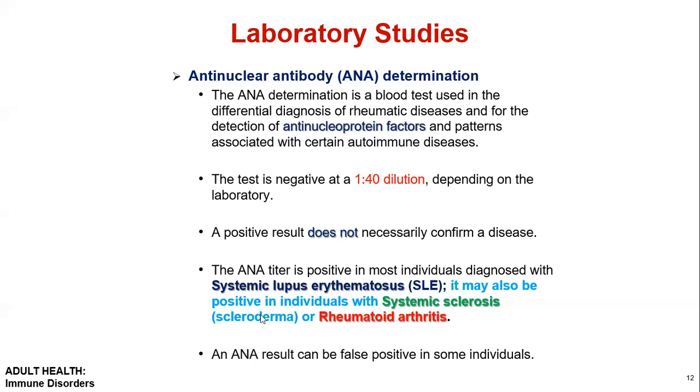Whereas the scleroderma affect connective tissue throughout the body, and also symptoms include tight skin, or dysphagia is more common, or patient develop edema of the extremities. So ANA test can be false positive in some individuals.